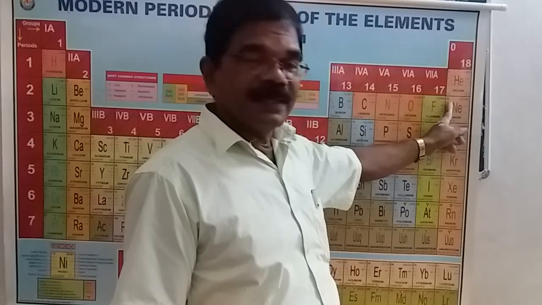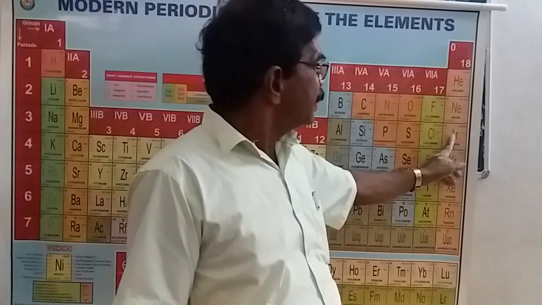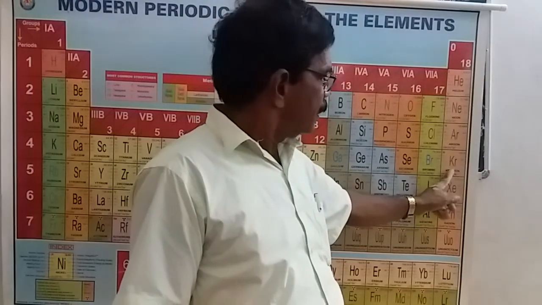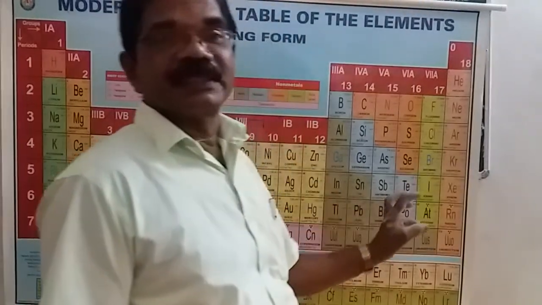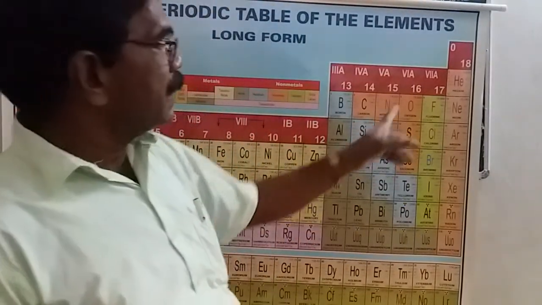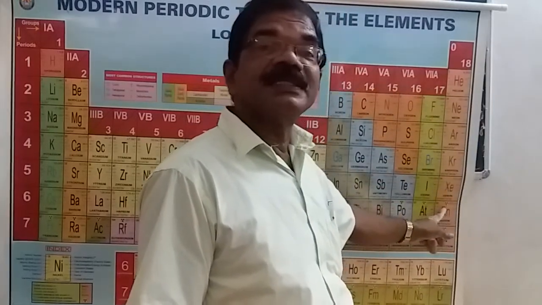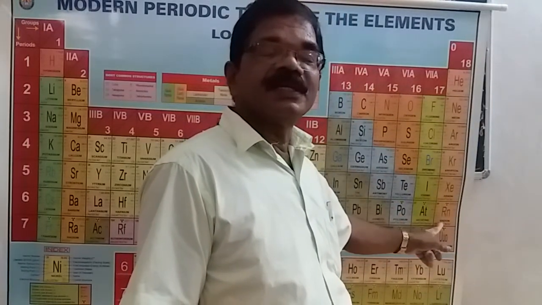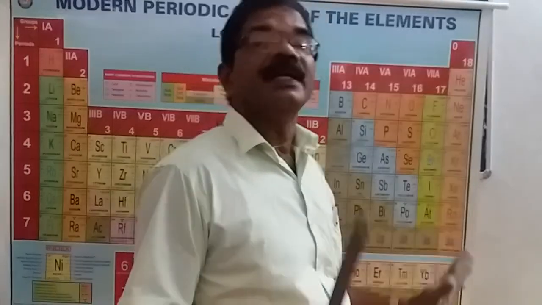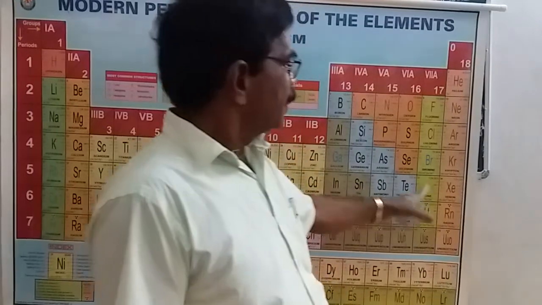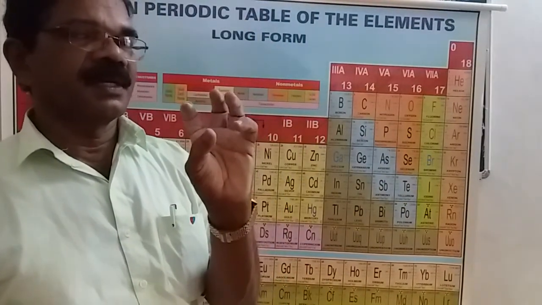Neon, atomic number 10, electron configuration 2, 8. Argon, 2, 8, 8. Krypton, 2, 8, 18, 8. They have filled shells. Therefore, their valence electron is 8, but valency is 0. There is no need to gain or lose electrons.